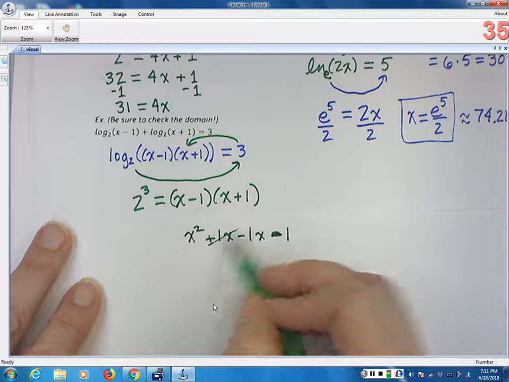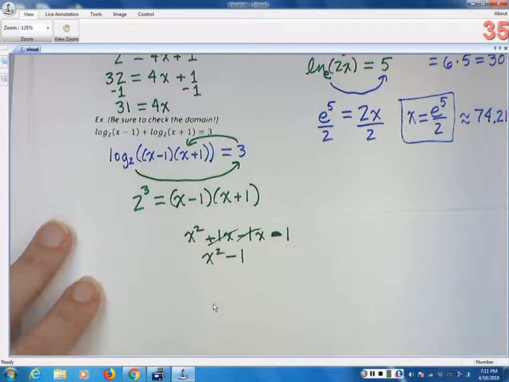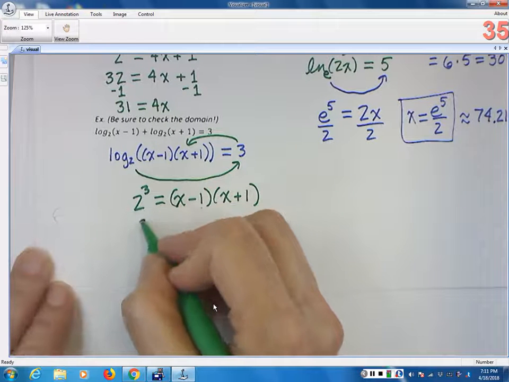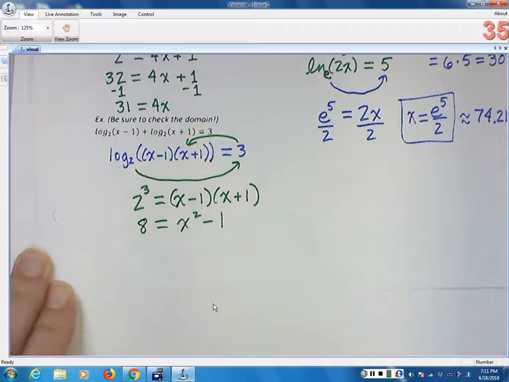So these cancel, and you get x squared minus 1. So x minus 1 times x plus 1 is x squared minus 1. You guys all see that? Okay, so we have 2 to the third, which is 8, equals x squared minus 1.